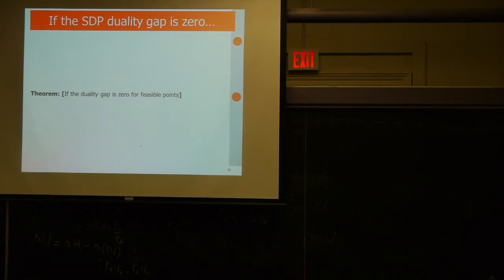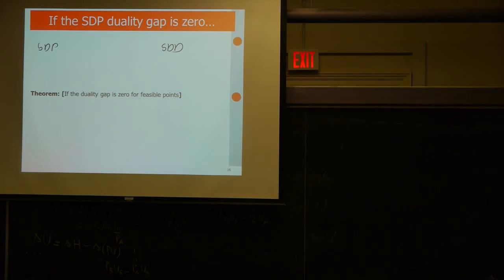Okay, so the next question we want to discuss, what happens if the duality gap is 0? So we proved that the duality gap is non-negative, right? So we have the primal and dual, I don't repeat it.